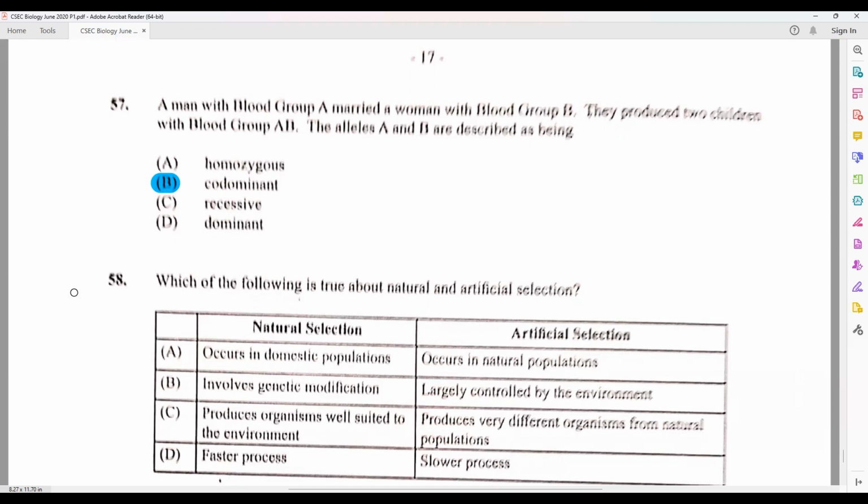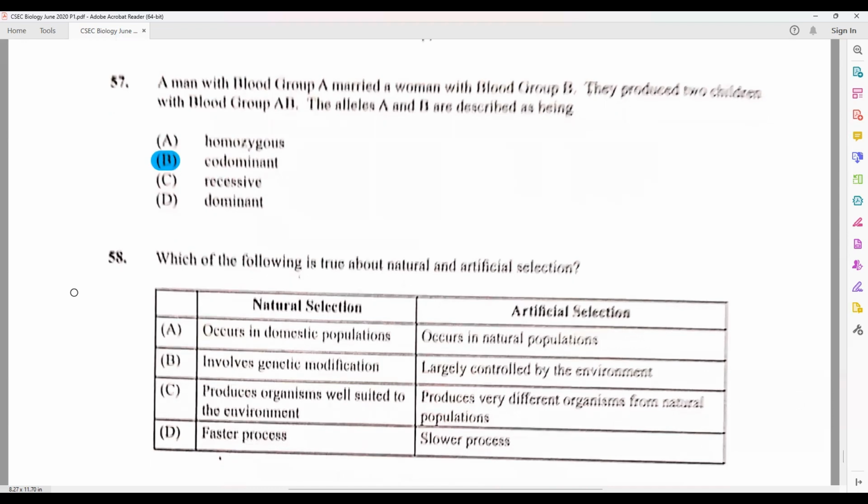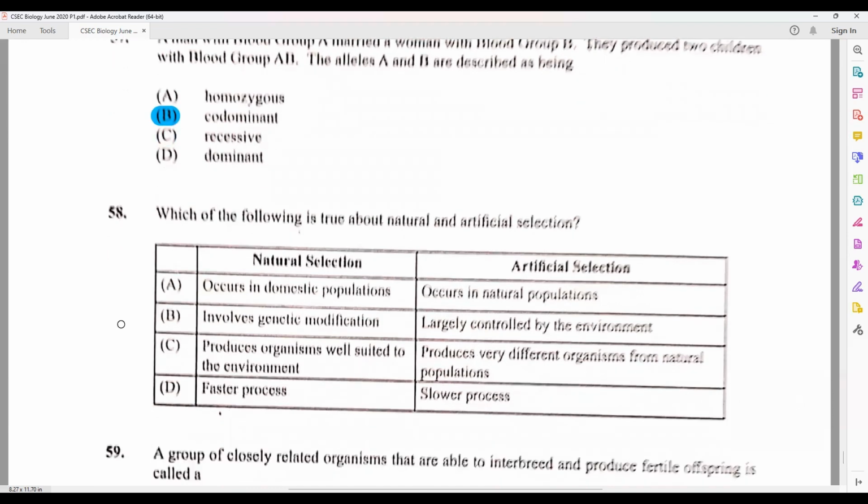58. Which of the following is true about natural and artificial selection? Natural selection produces organisms well suited to the environment. We all may know this as survival of the fittest.